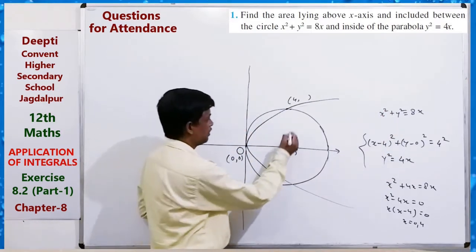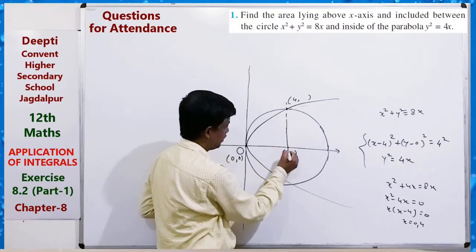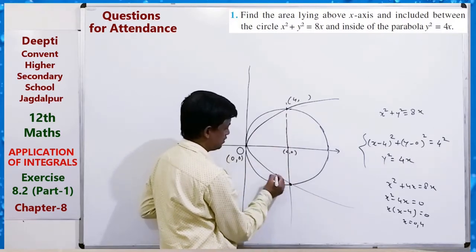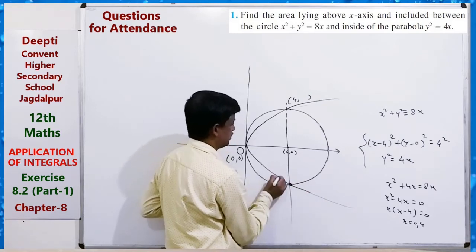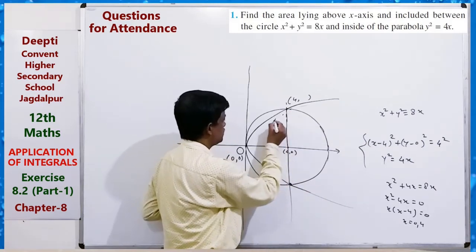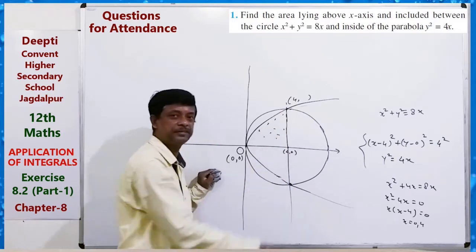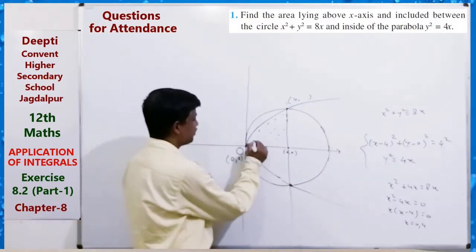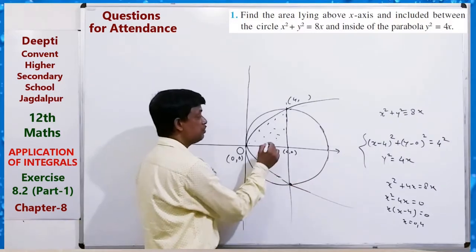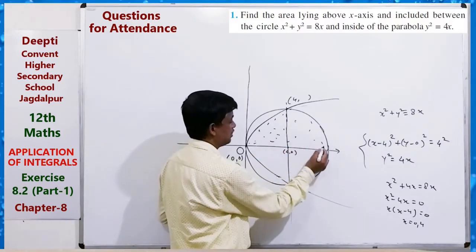Clear? This passes through here, like this. So this is our part. This part we have to find. Clear? This inner part. Inner part means complete.